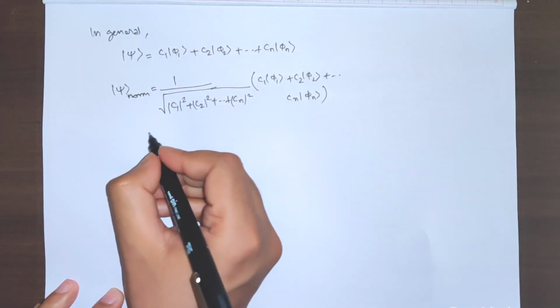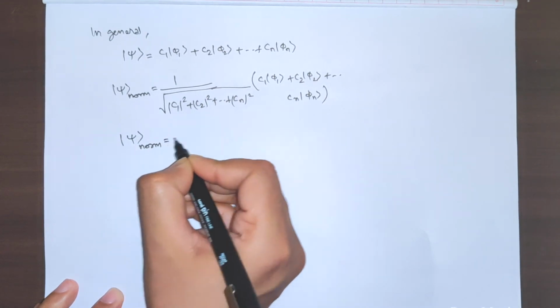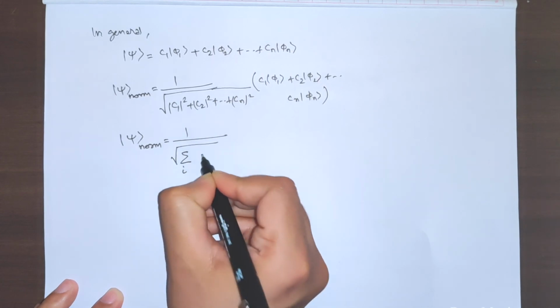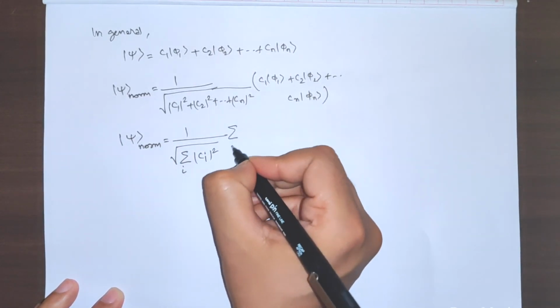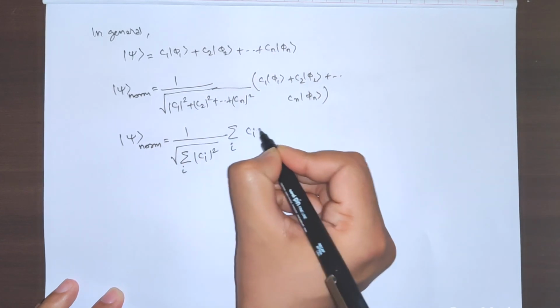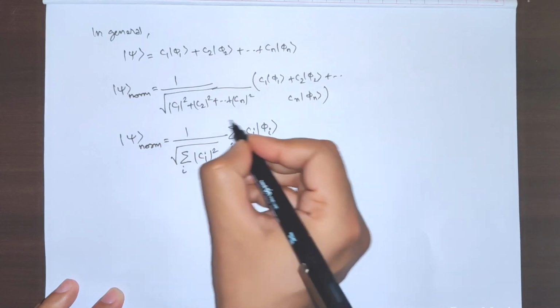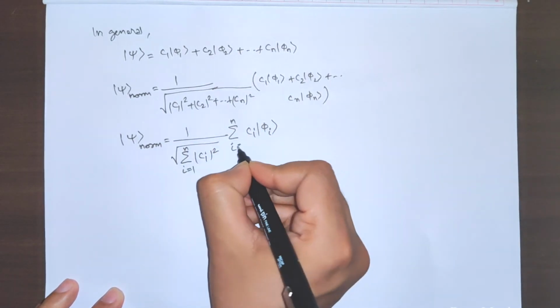Alright, so in condensed form we can write it like this: 1 over the root of the summation over i of |ci| squared, times the summation over i of ci phi i, where the sum is over i equal to 1 to n.